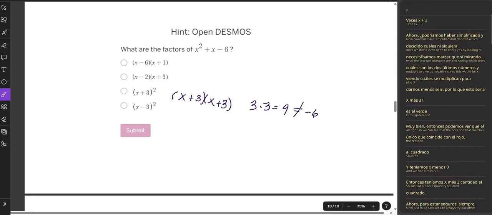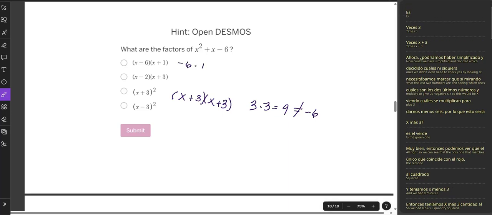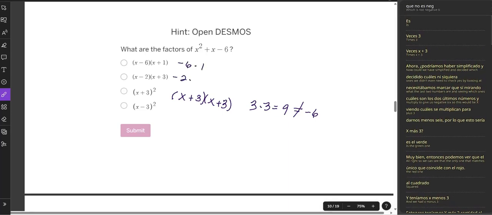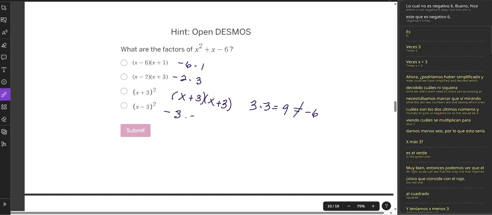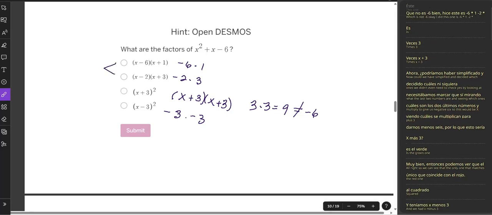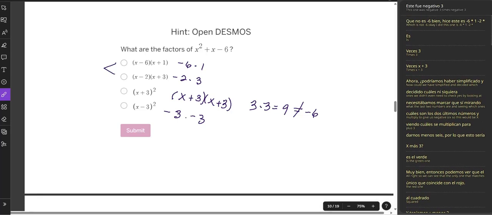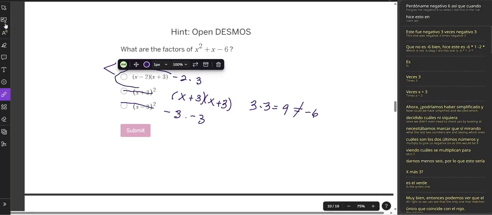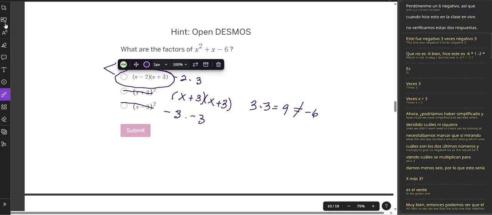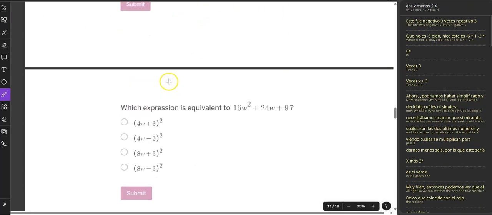Okay, this one is negative 6 times 1, negative 2 times 3, and this one was negative 3 times negative 3. So these two both could give me negative 6. So when I did this in the live class, we didn't actually check these two answer choices. And our correct answer was x minus 2, x plus 3.